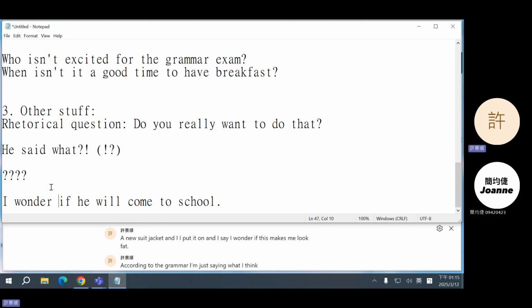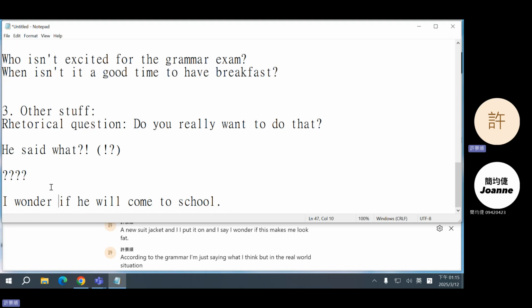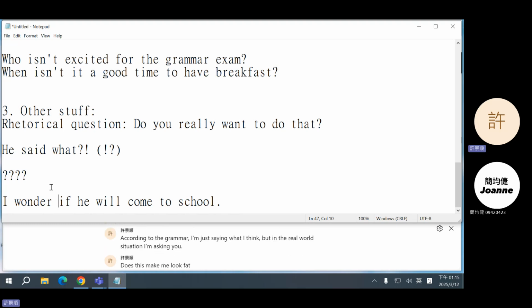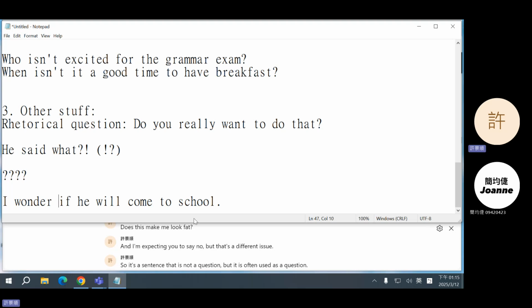But in the real world situation, I'm asking you, does this make me look fat? And I'm expecting you to say no. But that's a different issue. So it's a sentence that is not a question, but it is often used as a question. And that's why, especially online, you will see people end this sentence with a question mark.